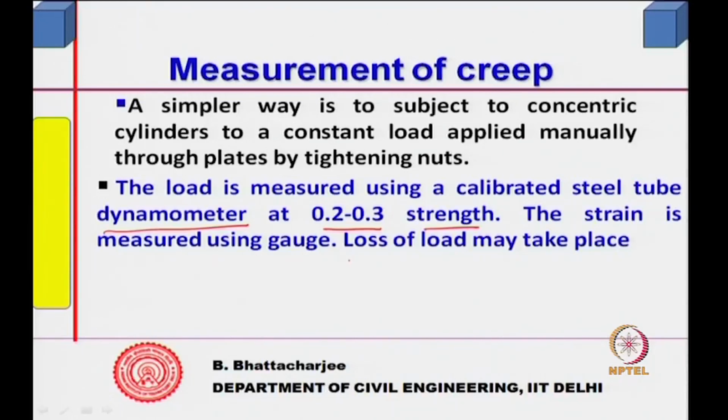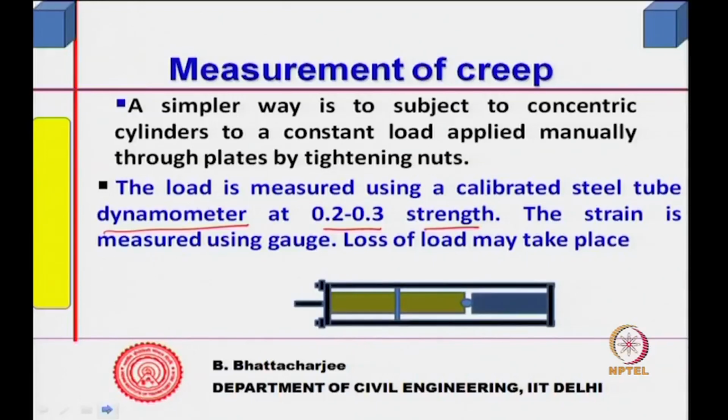gauges, etc., but loss of load may take place because there is no spring support system like there was earlier. For example, it will look like this: these two are the concrete cylinders, this one and this one.